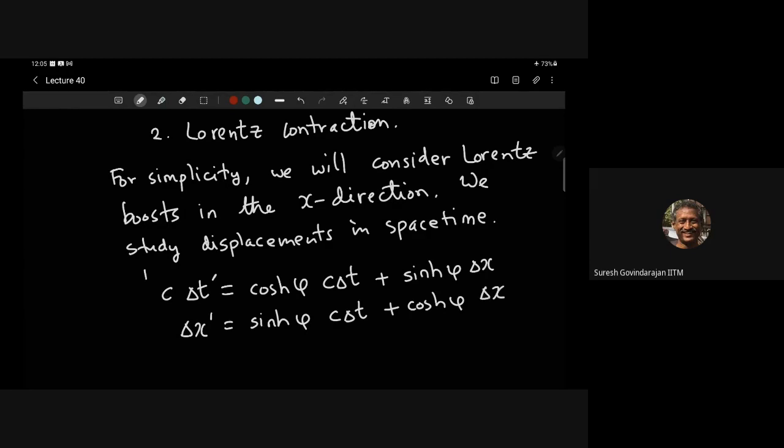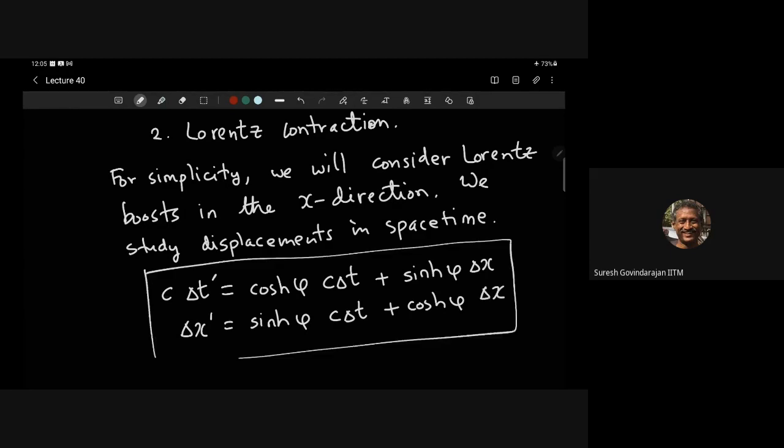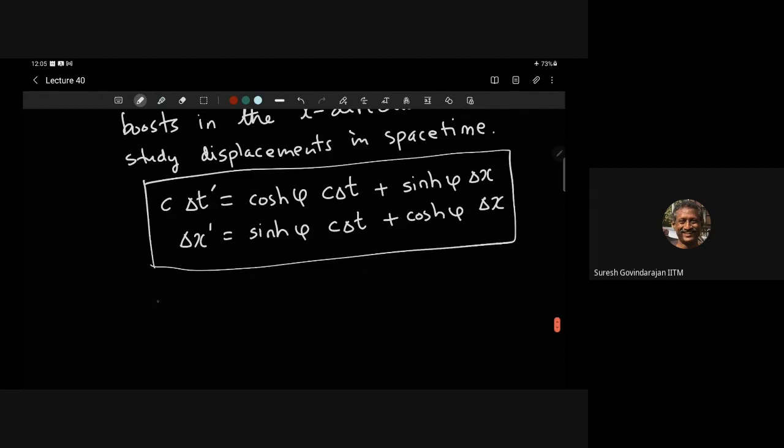Okay, so this is the formula which we have worked out already. What I mean by delta x and delta t is that there are two events, A and B. Let's say this is located at x vector 1, t1, and this is at t2, x2.